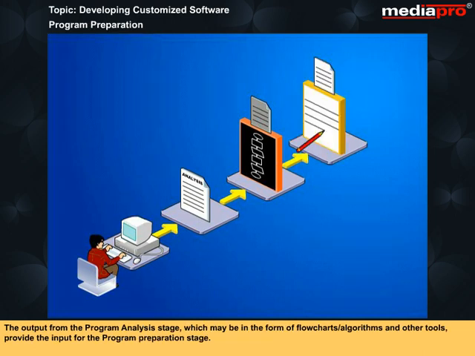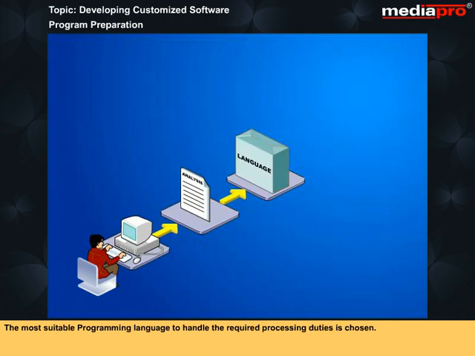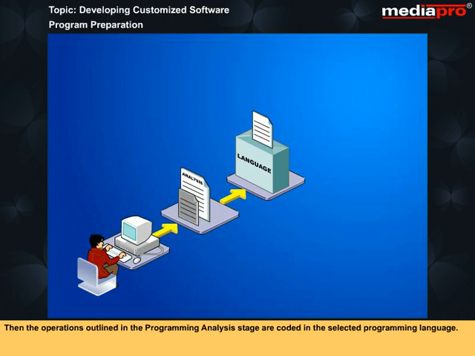The output from the program analysis stage, which may be in the form of flowcharts and algorithms and other tools, provides the input for the program preparation stage. The most suitable programming language to handle the required processing duties is chosen. Then, the operations outlined in the programming analysis stage are coded in the selected programming language.